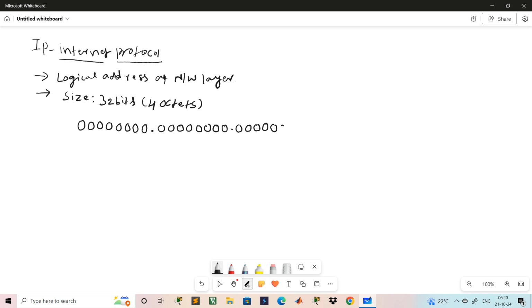So in each octet there will be 8 bits. This will be the first IP address. So the last IP address will be when all bits become 1.